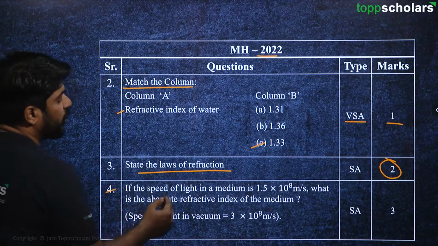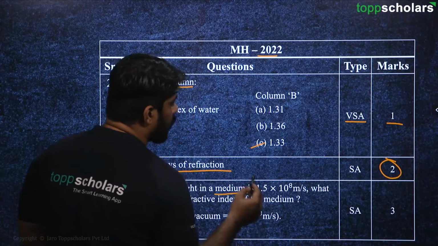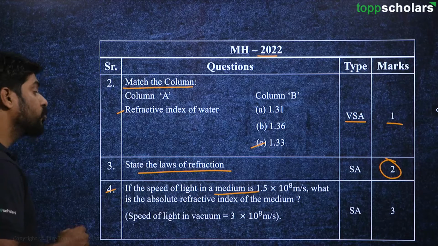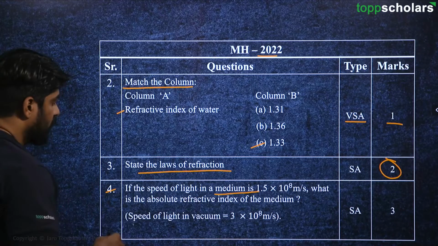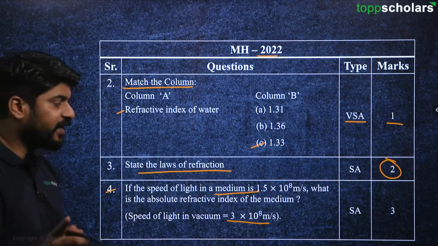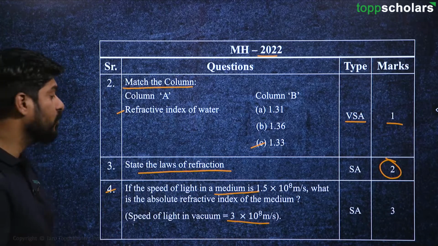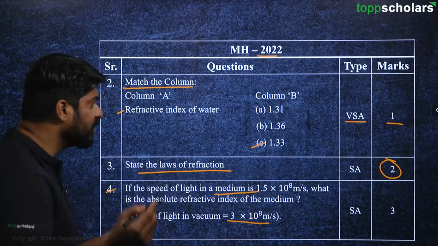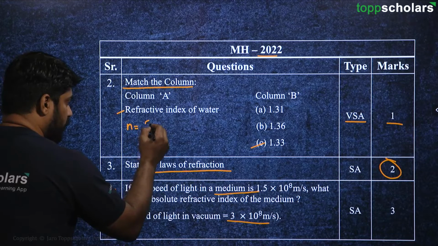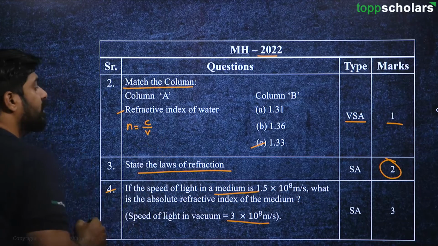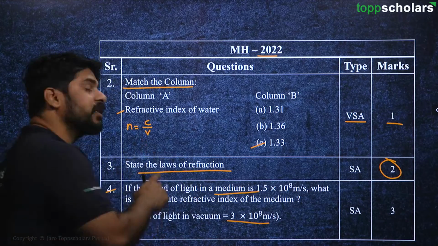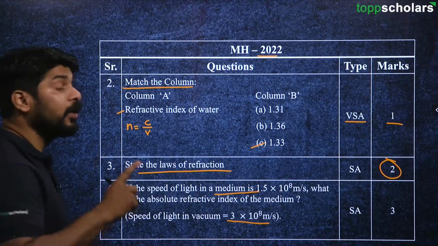If the speed of light in a medium is 1.5 into 10 to the power 8 meter per second, what is the absolute refractive index of the medium? Here, the speed of light in vacuum is 3 into 10 to the power 8 meter per second. So, here we have to calculate the absolute refractive index, and it's very, very simple. The absolute refractive index is nothing but C upon V, where C is the speed of light in vacuum, whereas V is the speed of light in the given medium.